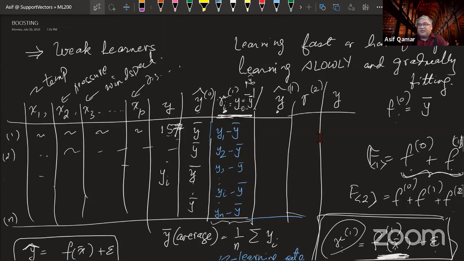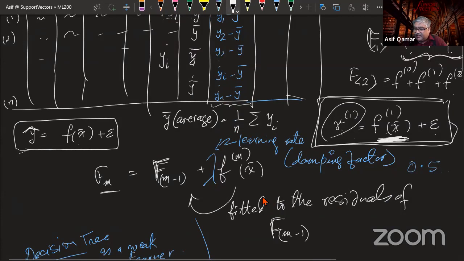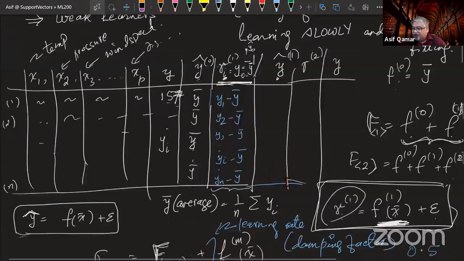If you look at the screen, the overall model is built out of pieces. At any given level, you take the model that you have built so far, and then you add one more weak learner to it, that is fitting to the residuals left behind by the previous model. And you attach a damping factor so that it doesn't overfit, but broadly speaking, that's what you do.